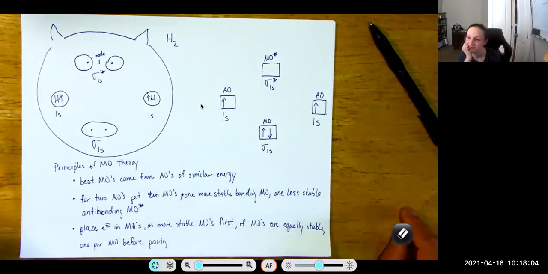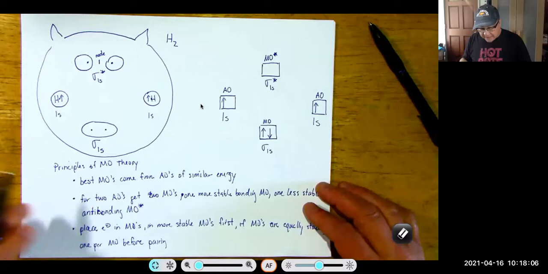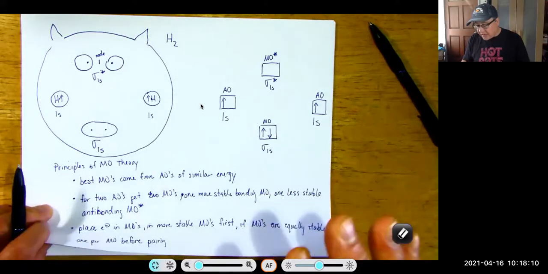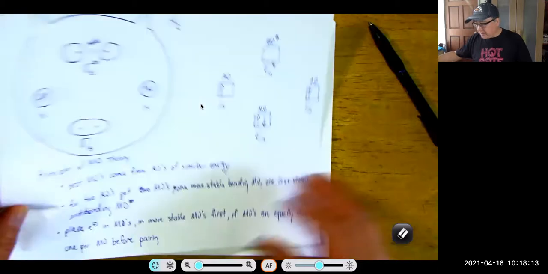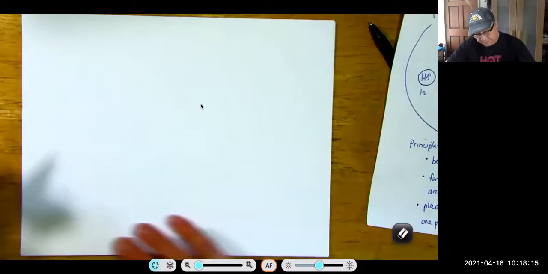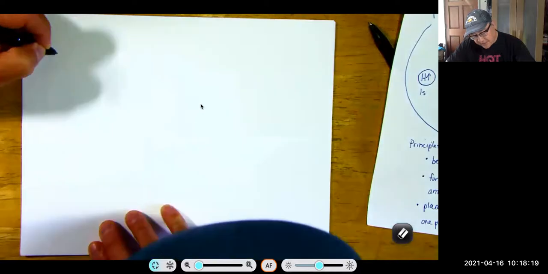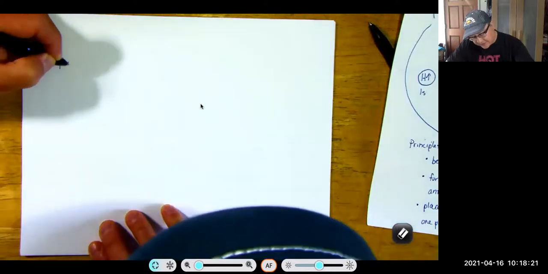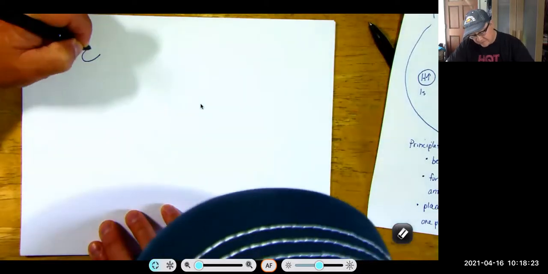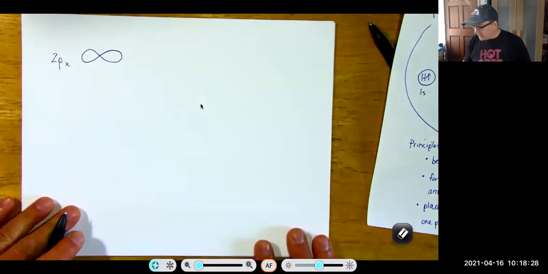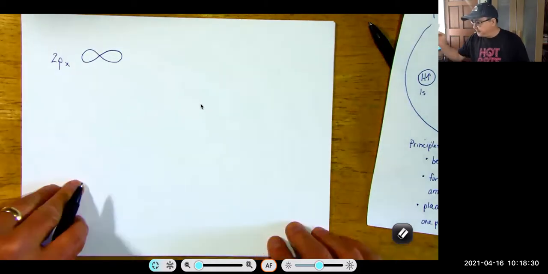Oh, okay. Now that's the very simple MO. Let's look at a little more of the MO. So do you remember that this is the 2px? It looks like this, right? Yeah. And what I'm going to do here is get a new piece of paper.